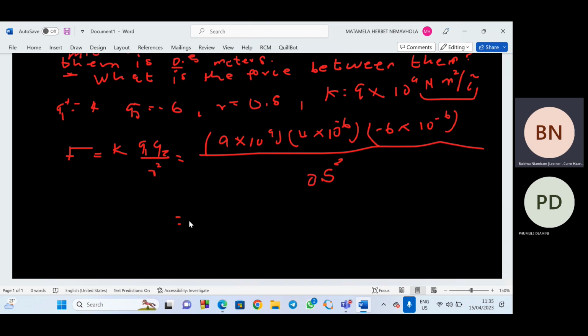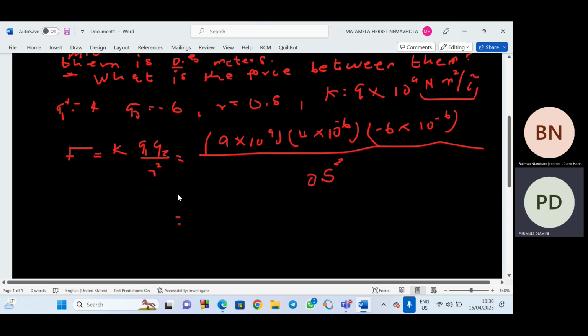My calculator says negative 8.64 times 10 to the power of 11.